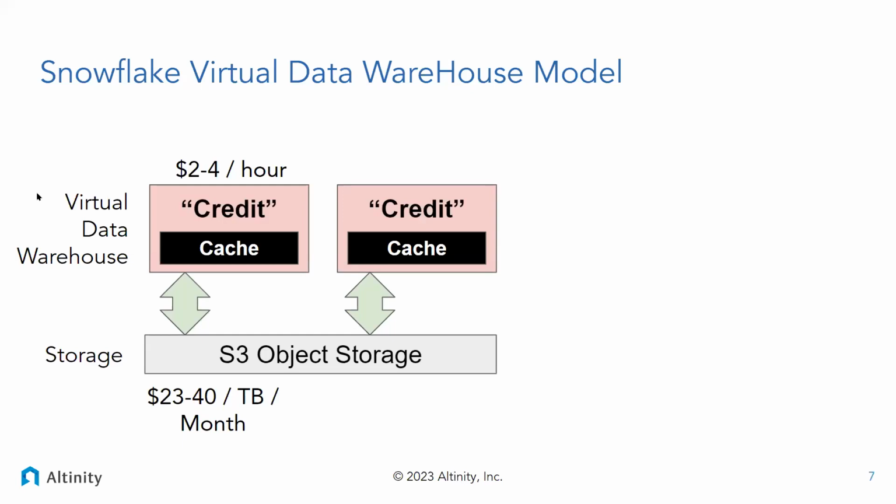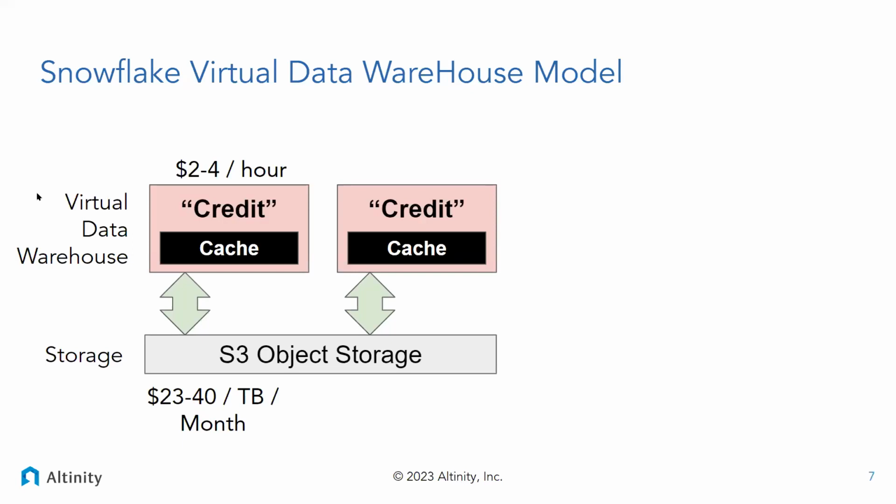You pay for this using credits. And a credit you can think of as mapping to a host somewhere that has pulled in data from object storage and is processing SQL queries on it.